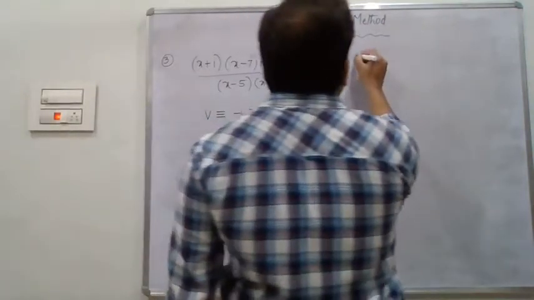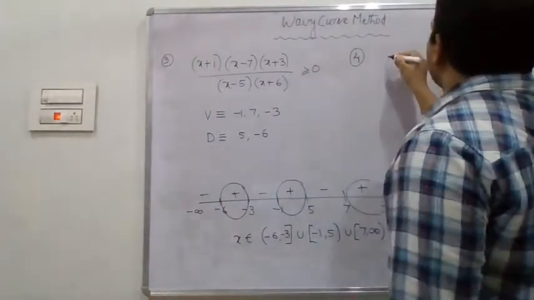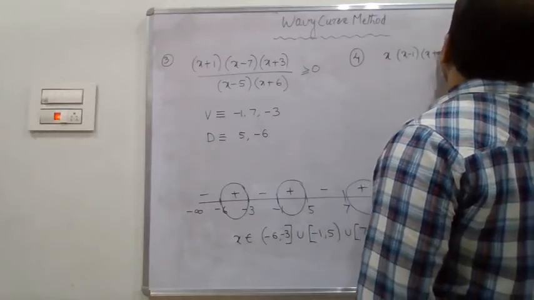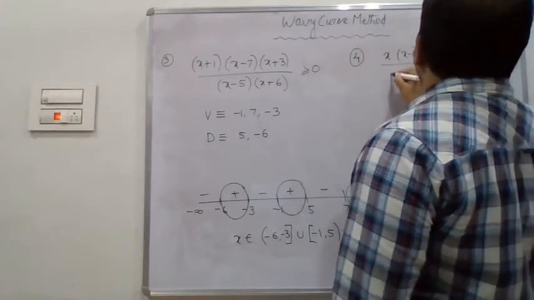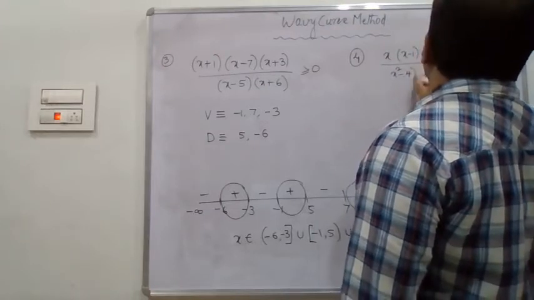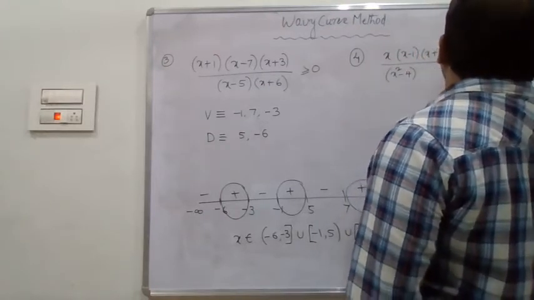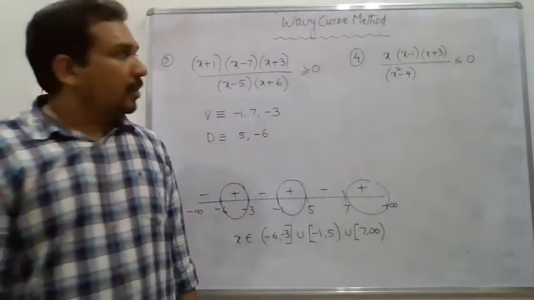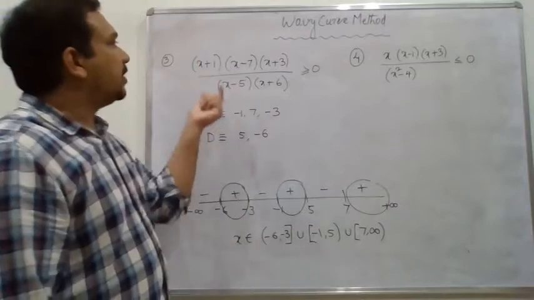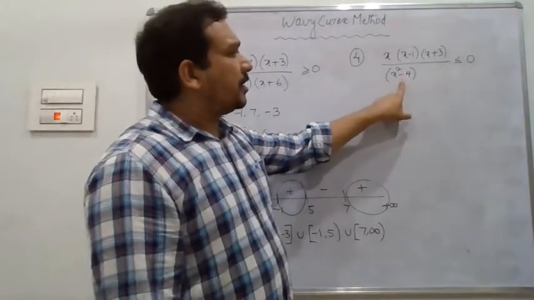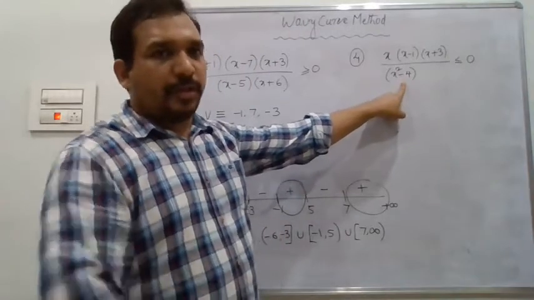Let us take one more example. x into x minus 1 into x plus 3 by x square minus 4 is less than or equal to 0. Here I gave all the factors as linear expressions before, but here it is a quadratic one, which can be converted into linear.